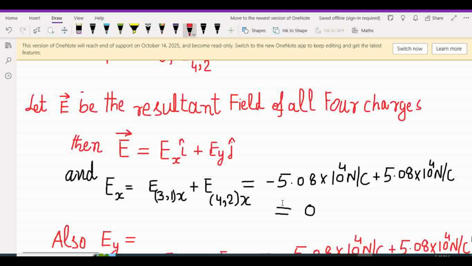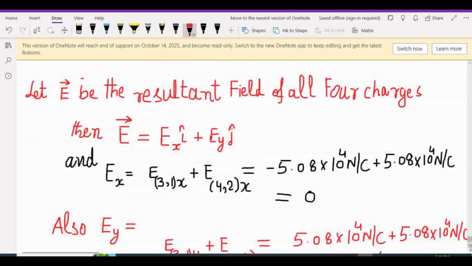We add them. The E31 x component is minus 5.08 into 10 raised to power 4 Newton per Coulomb, and the E42 x component is plus 5.08 into 10 power 4 Newton per Coulomb. They are opposite signs but equal, so they cancel each other. So the x component of the resultant will be equal to 0.